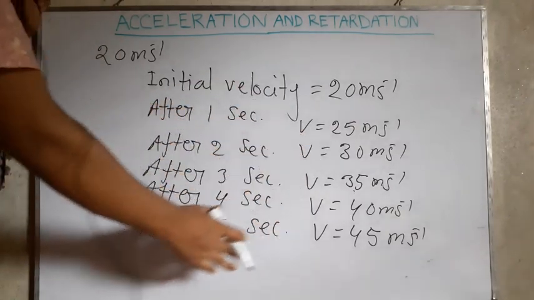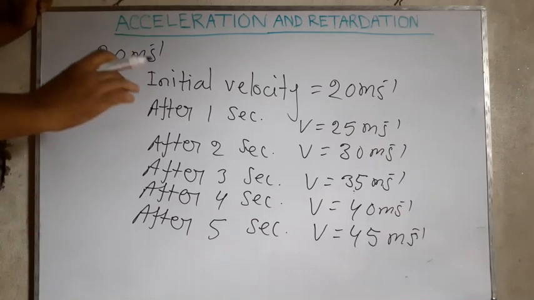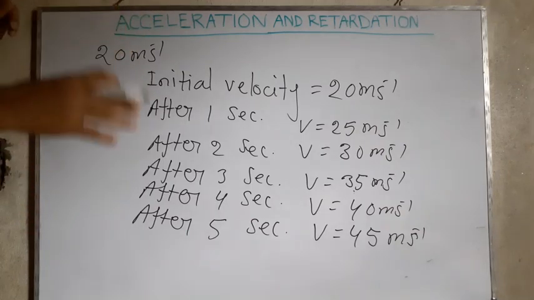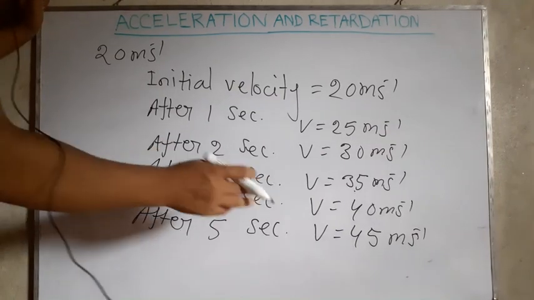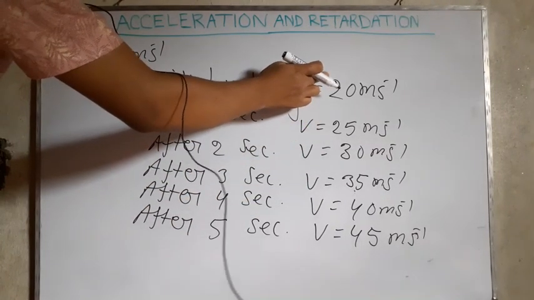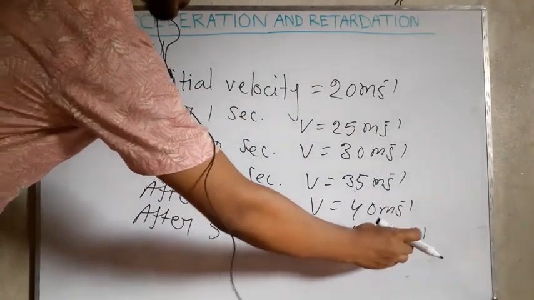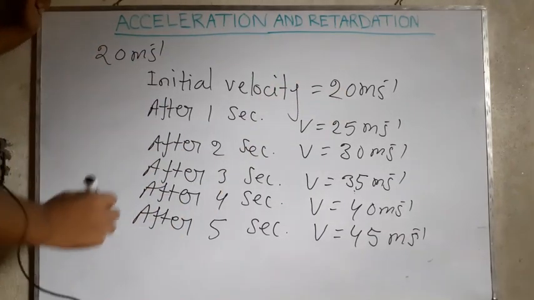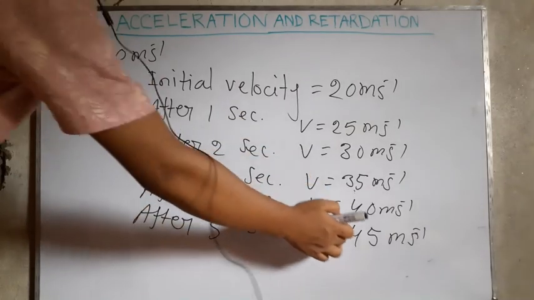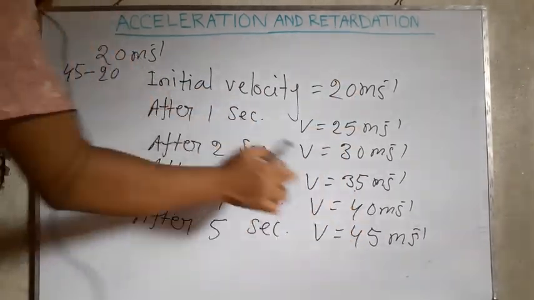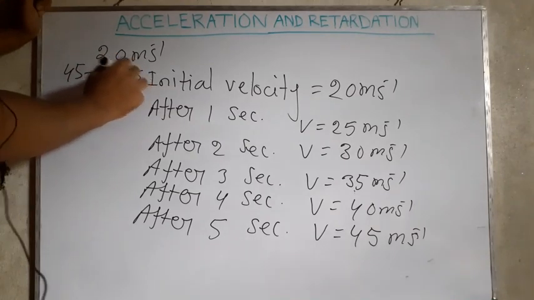Therefore, the acceleration is 5 meter per second square. Here the change in velocity per unit time is known as acceleration. In this case, the initial velocity was 20 meter per second, and after 5 seconds velocity is 45 meter per second. That is, total change in velocity, total increase in velocity, is 45 minus 20, which is equal to 25.